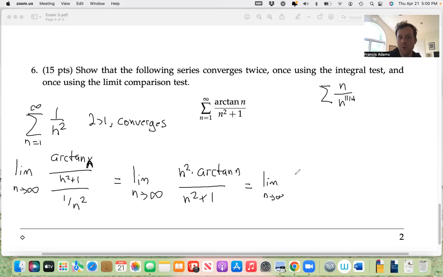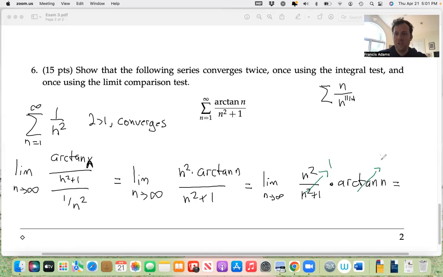But really the way to separate it is to have n squared over n squared plus 1 and then arctangent. The reason for this separation is that this limit goes to 1, because it's the same power, as the limit comparison test should have happen.